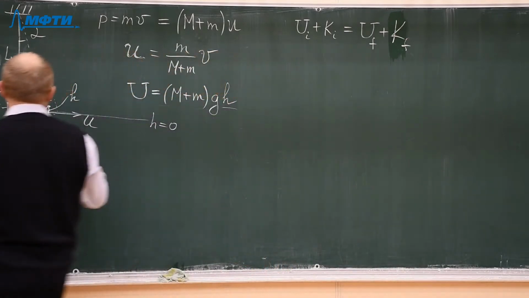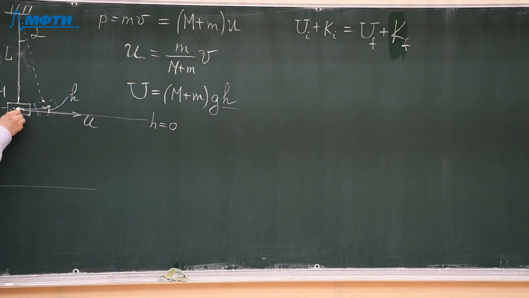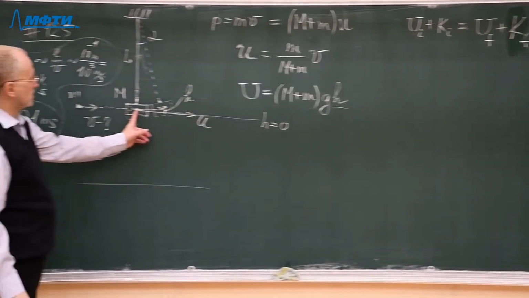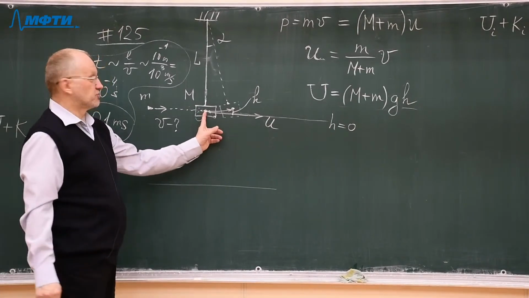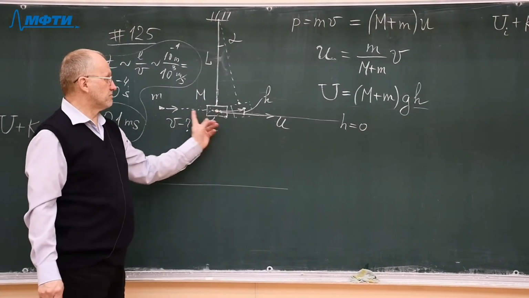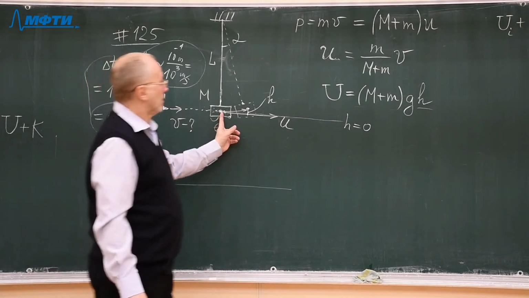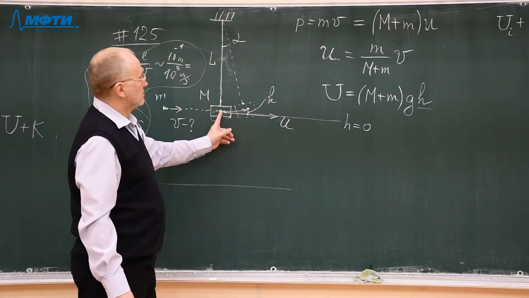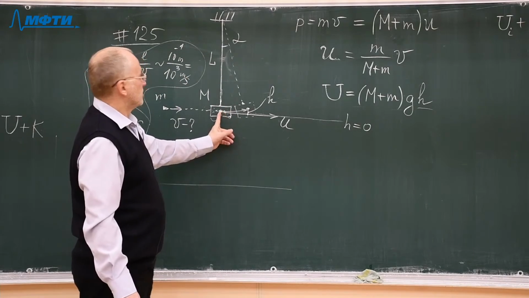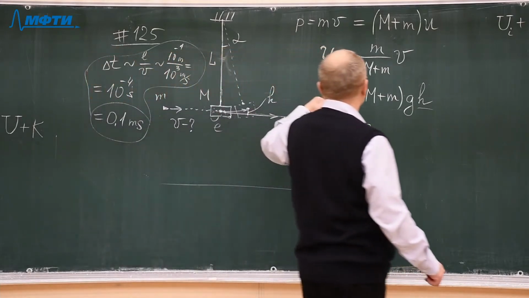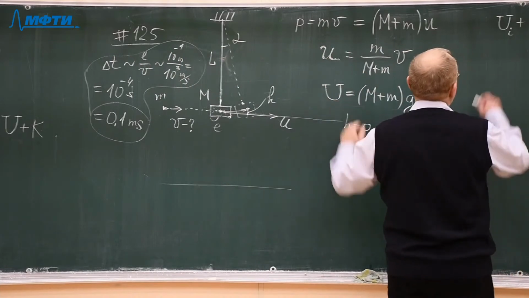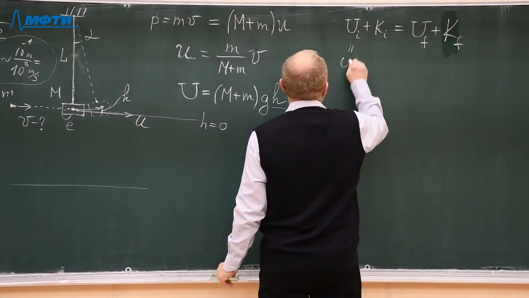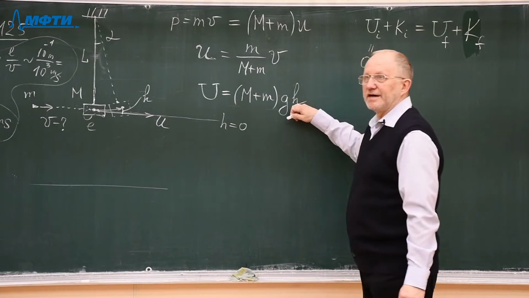Initial means at the beginning of motion, when the box was here at rest in the position of equilibrium, when all the forces acting on it were balanced. That is the initial position. What is the initial potential energy? Initial potential energy is 0 because the initial height h is 0.